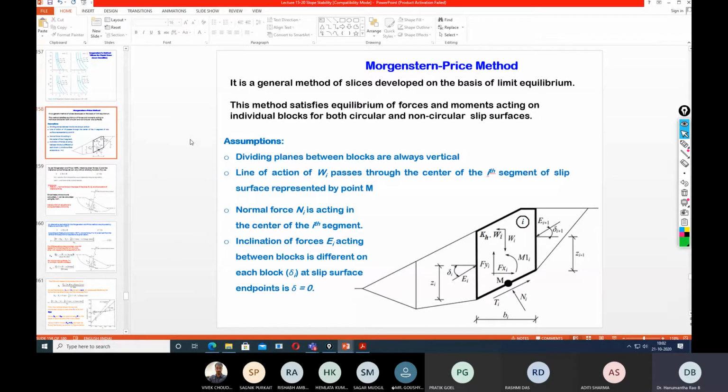Another important point is that most of the slip surfaces are circular in nature, but in reality it is not only circular, it could even be non-linear, because we have also seen transitional failure for an infinite slope.